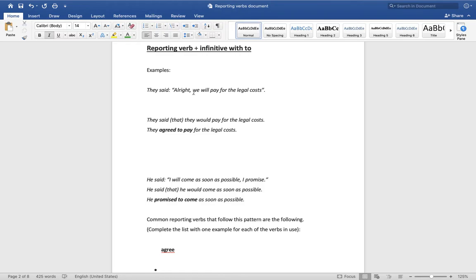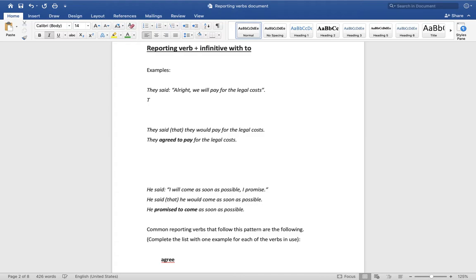Veréis que yo os doy el comienzo de la frase. Es decir, vosotros no os encontraríais esta frase en estilo directo y aquí un hueco en blanco o una línea de puntitos para rellenar. Yo os daría el comienzo, os pondría aquí, ¿vale? They agreed. Y vosotros tendréis que continuar la frase, ¿vale?